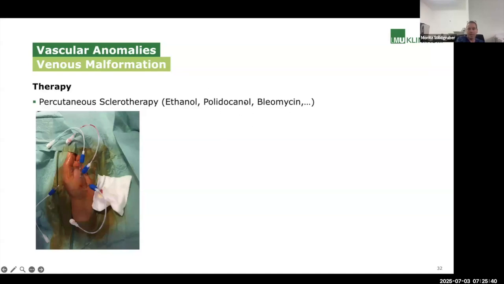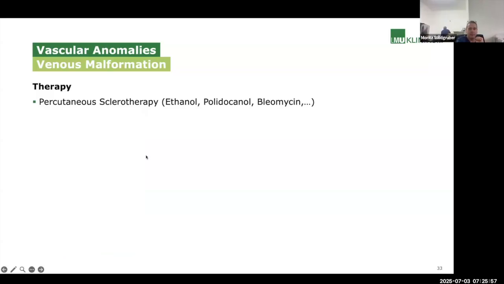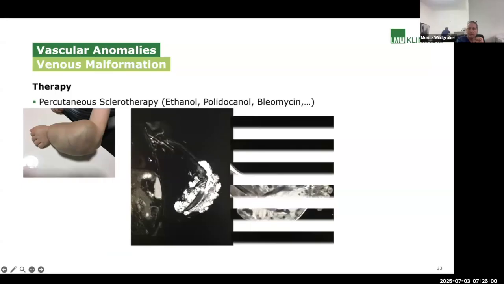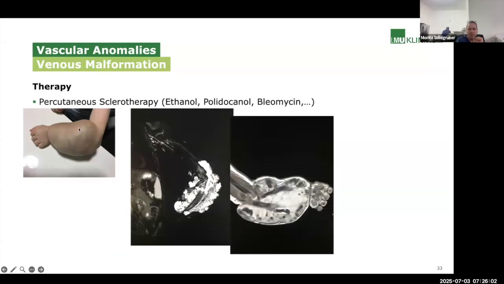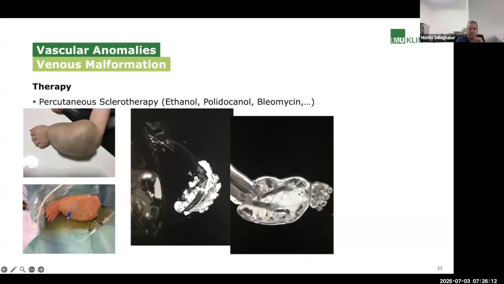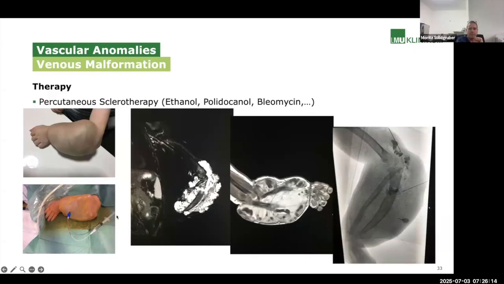Polidocanol is a very safe drug. Also, bleomycin is quite safe. Ethanol is very, very effective, but it's also highly dangerous. So injecting pure ethanol, I would be very careful with that because it really can cause relevant nerve injury. Again, here is an example of a rather extensive venous malformation. You even see these small dots, phleboliths, in there, and sclerotherapy is the therapy of choice.